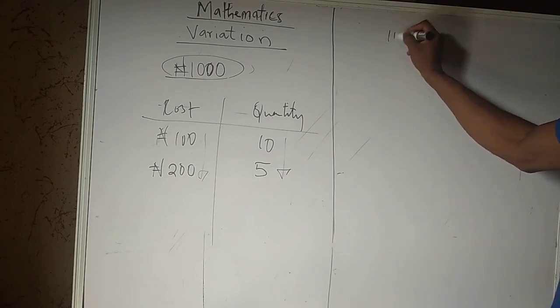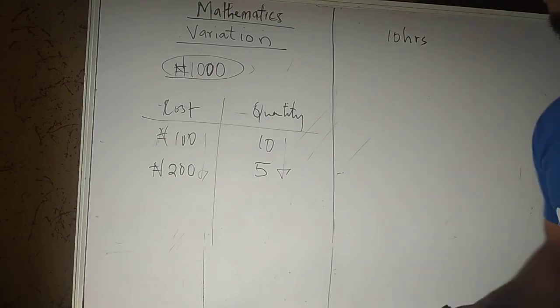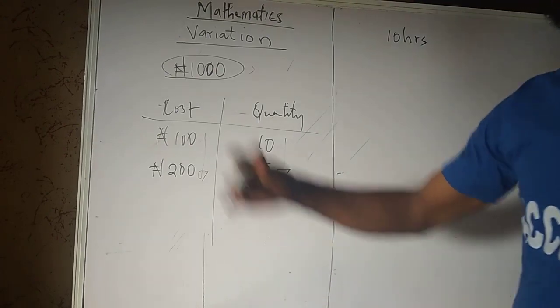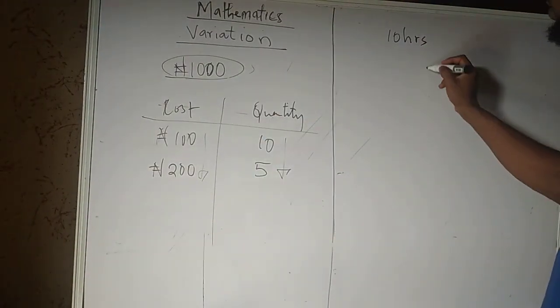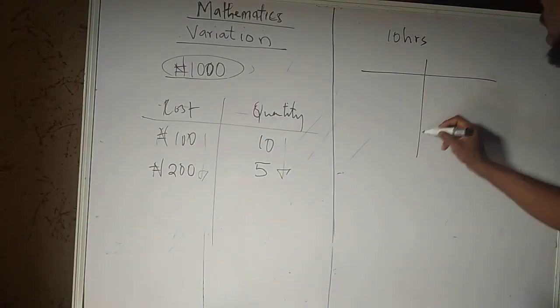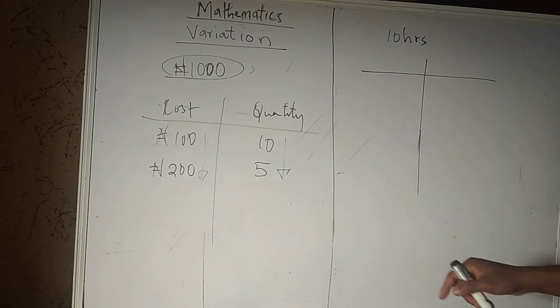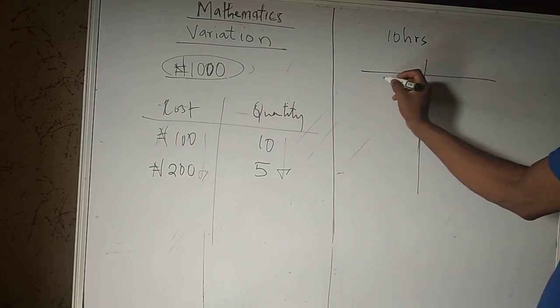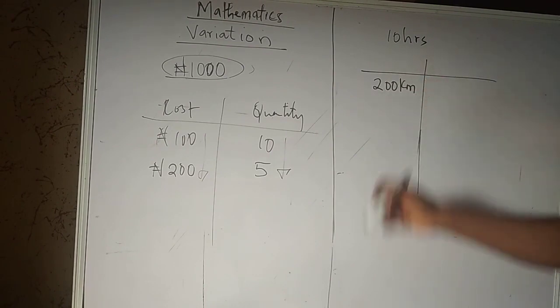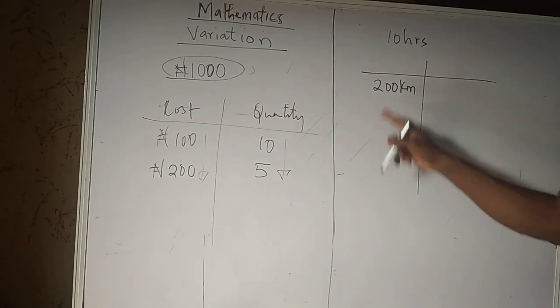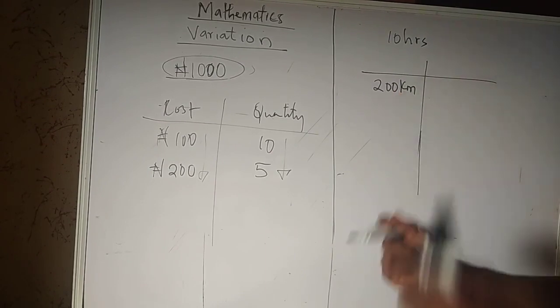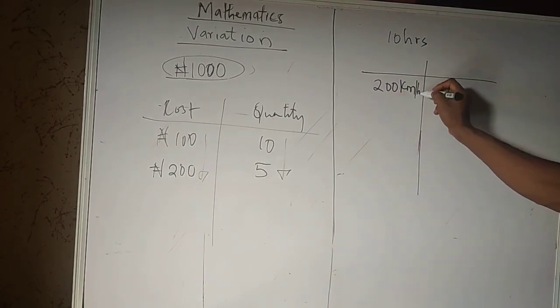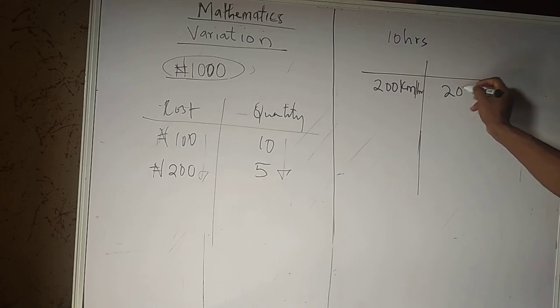Let's look at something like this. Let's say you have 10 hours to cover a distance. If you run with 200 kilometers per hour in your car, you're going to cover a distance of 2000 kilometers.